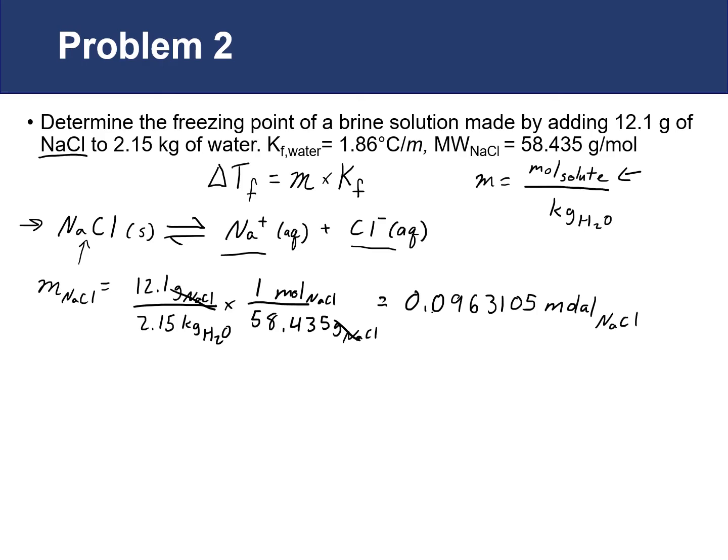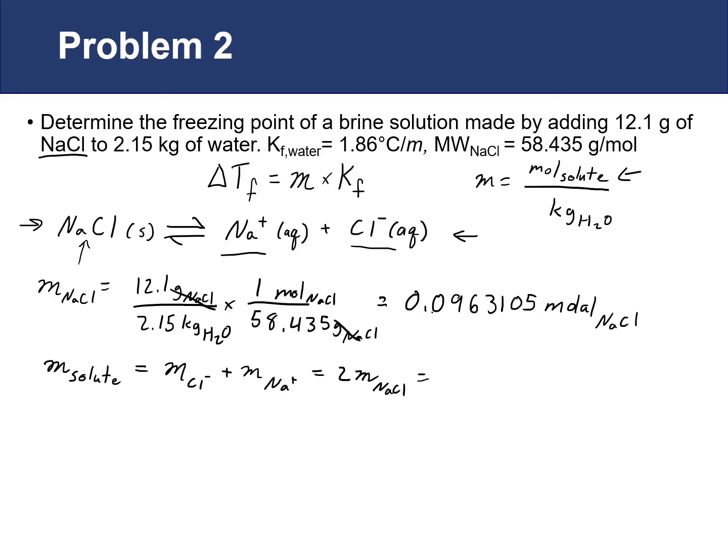Now again, because sodium chloride dissolves and breaks up into sodium ions and chloride ions, the molality of our solute will actually equal the molality of our chloride ions plus the molality of our sodium ions, which will be 2 times the molality of our sodium chloride, because the sodium chloride is going to break up into 1 sodium ion and 1 chloride ion.